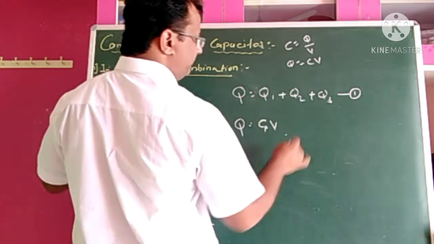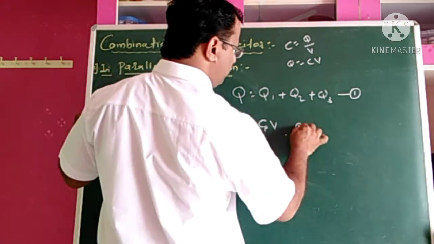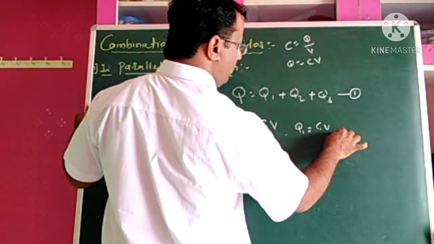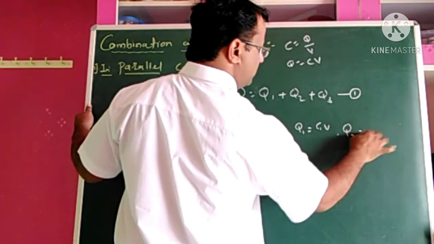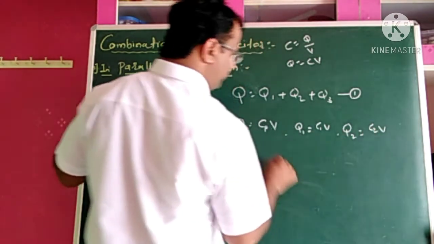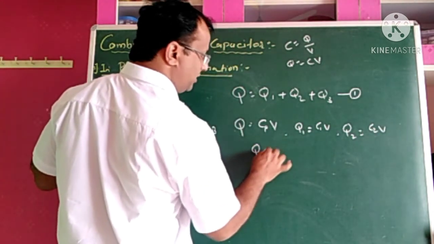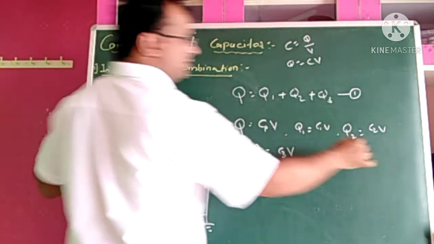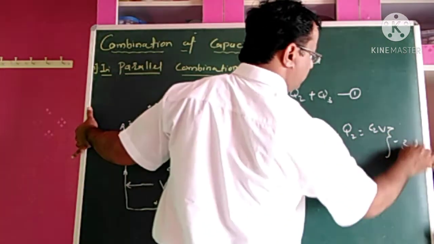Now for the first capacitor, the value is Q1 equal to C1 into V. Now for the second one, Q2 is equal to C2 into V, and for the third capacitor, Q3 is equal to C3 into V. Now suppose this will be equation number 2.